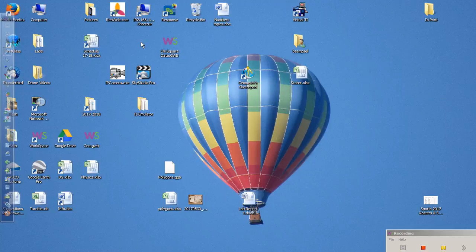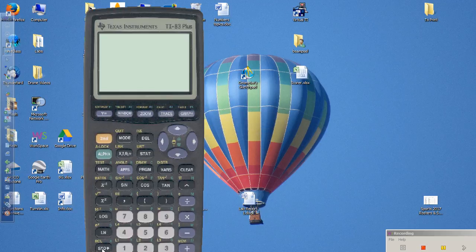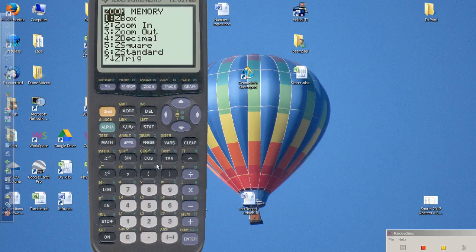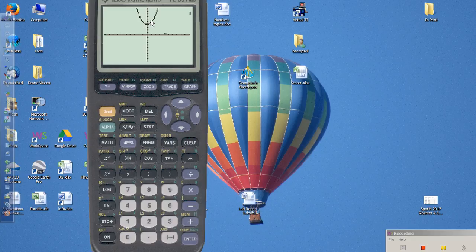So we're going to have x squared plus 4, and the square root of x minus 4. Remember, when we look at this first one, we are only looking at part of it, right?